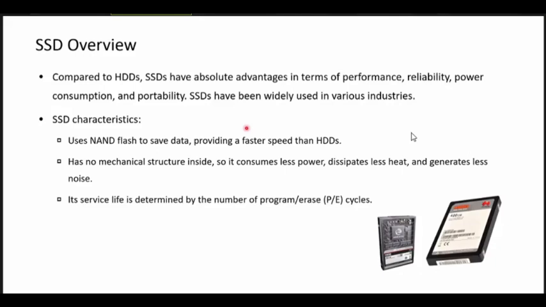The good thing is it has no mechanical structure, so it has no mechanical parts by itself, and it consumes less power than hard disk drives. Because with hard disk drives, you require power to move their mechanical parts. A solid state disk does not have mechanical parts, so it generally consumes less power and less heat is created from the disk itself, not including the noise.